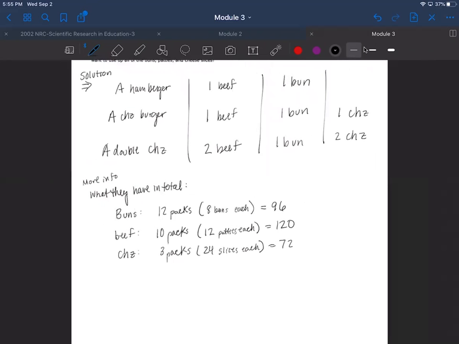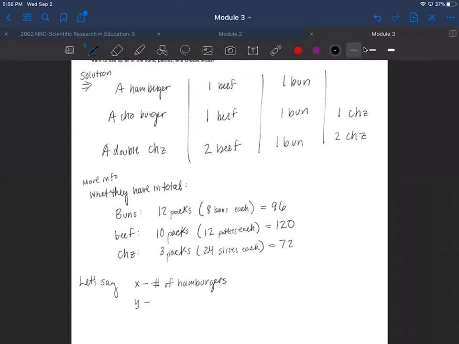Now with all this information, you're probably still wondering how we set up this combination. What I want to do is define some variables. Let X represent the number of hamburgers, because we're trying to see how many hamburgers and also how many double cheeseburgers we can make where we're left with nothing.